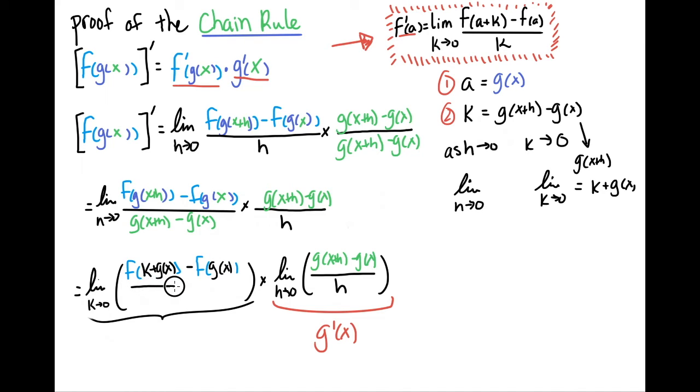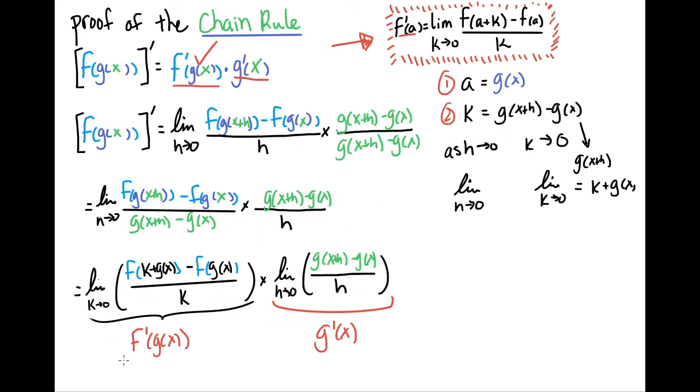And we're going to divide by g of x plus h minus g of x, which is simply k from before. So what we have here is, instead of an a, a g of x in both situations. So this right here, the limit as k goes to 0, is going to be the derivative of f evaluated at g of x. And this is exactly the first part that we were looking for.